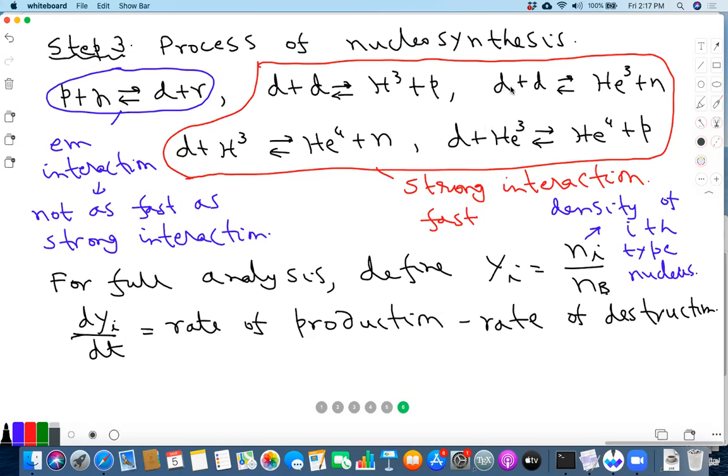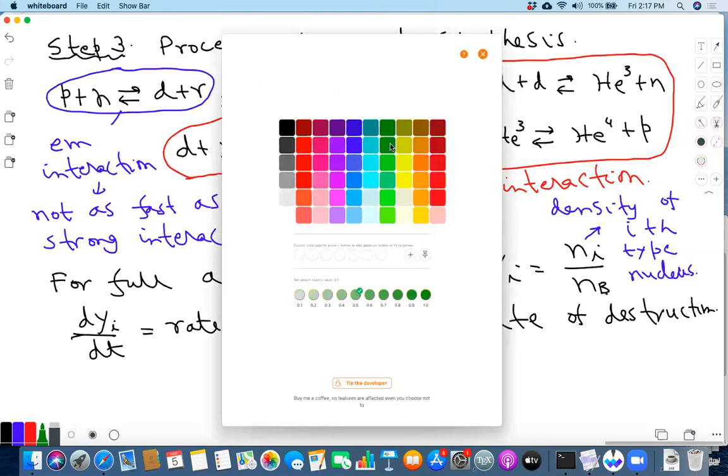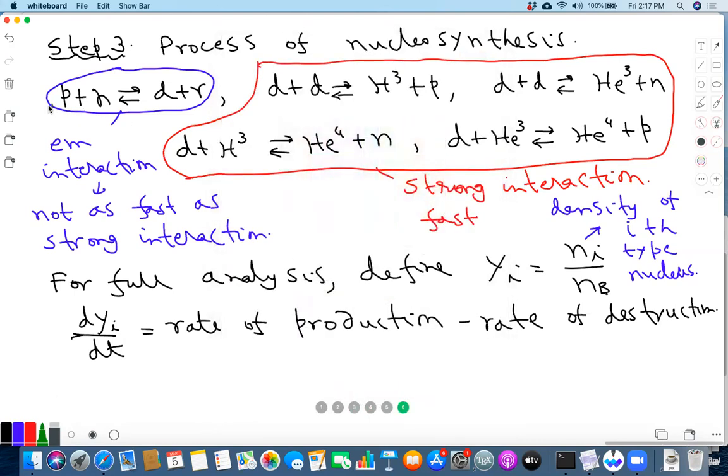I mean, in nuclear physics, you already know what these cross sections are. So all of these are known cross sections. So for these processes, cross sections are known.